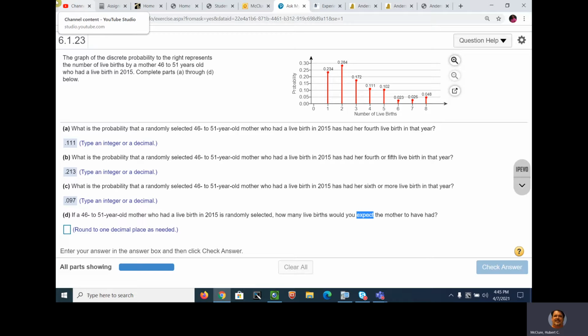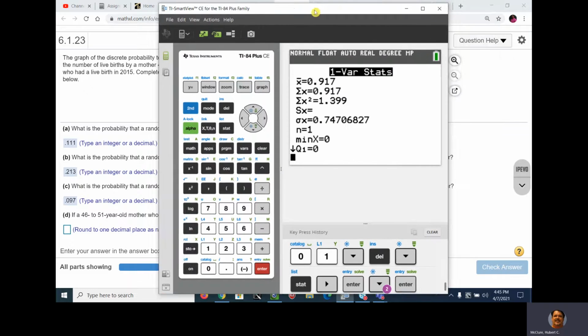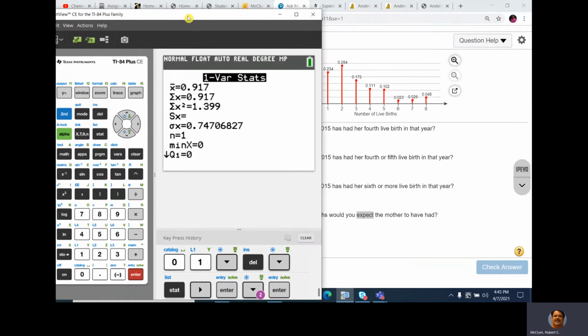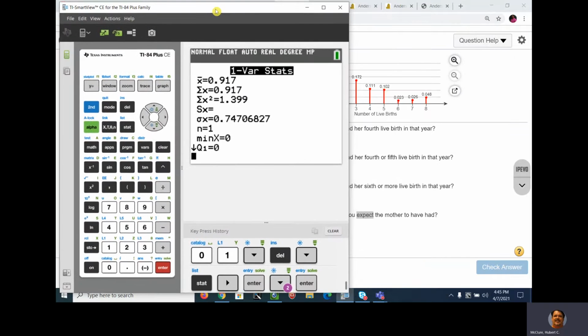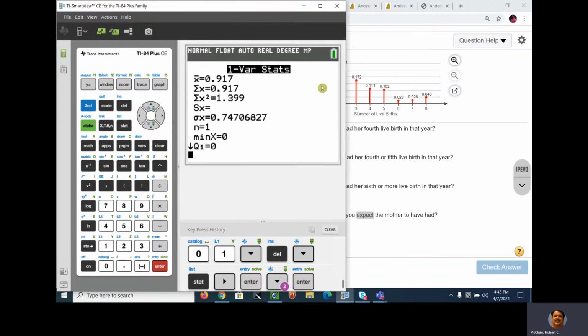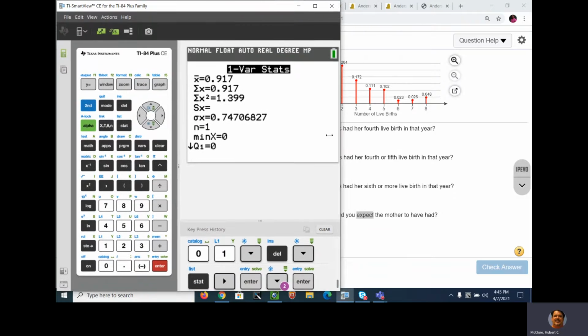So when you see that word expect, you know you got to find the mean. So you're going to have to put all these numbers in the calculator. So here we go. I'm going to move over a little bit so you can see. Let's scrunch it up a little bit.